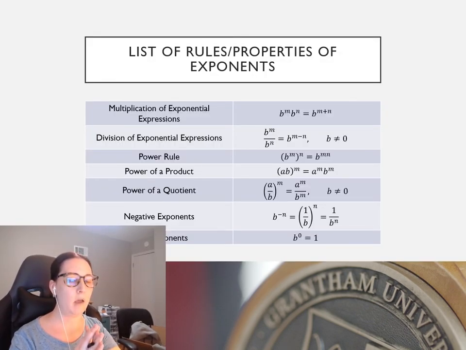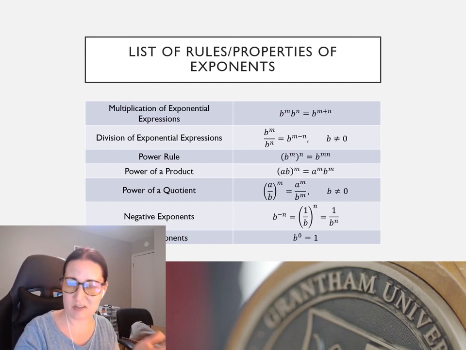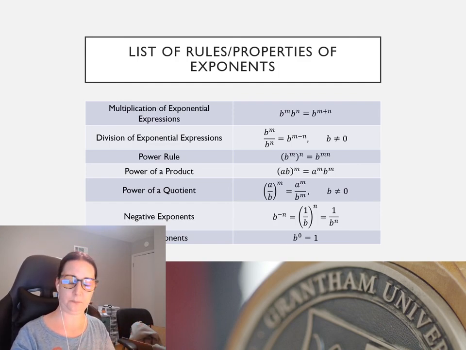I do have a list here of all of the rules that we learned this week. We've got the multiplication property: when you multiply exponential expressions, you add the exponents. When you divide them, you subtract the exponents, top minus bottom. The power rule means if you have an exponent and then another exponent, you multiply those together.